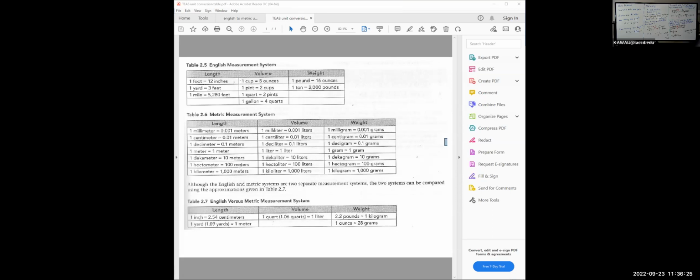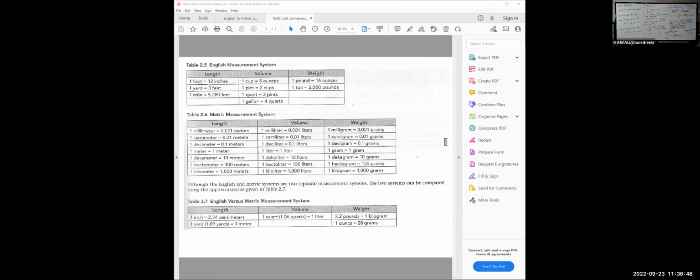Now, we have two different groups of measurements. Okay, we have English measurements and we have metric measurements. English is what we use in the United States. Now, in order to go from English to metric, you go through this.